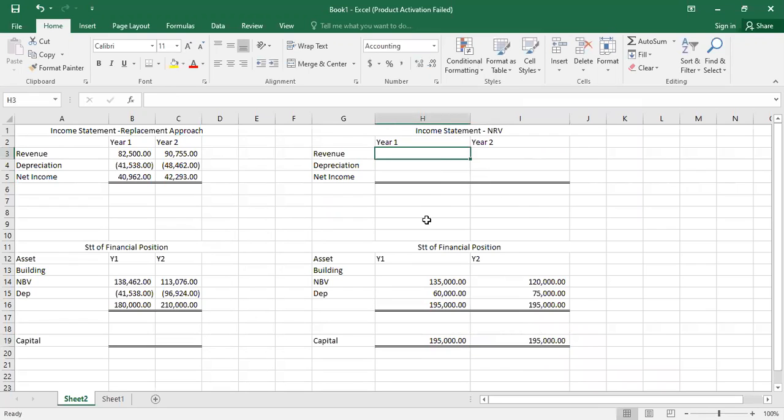I want us to come here and have more time here. So we are relying on the original data. So this is 82,500. The original data is 9755. So what I need to get from you is the depreciation that you've done in number 2.